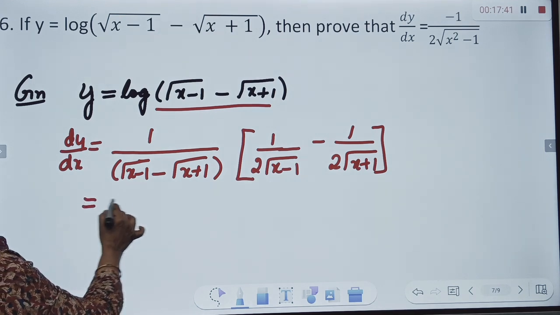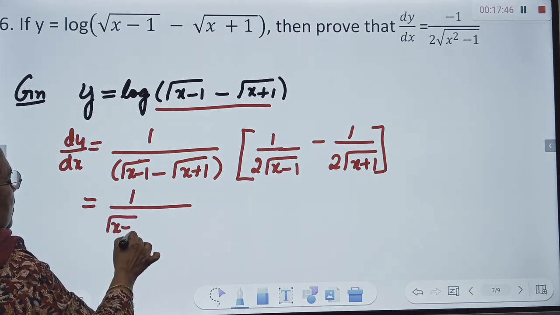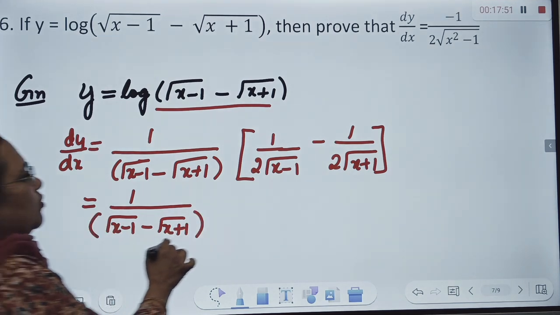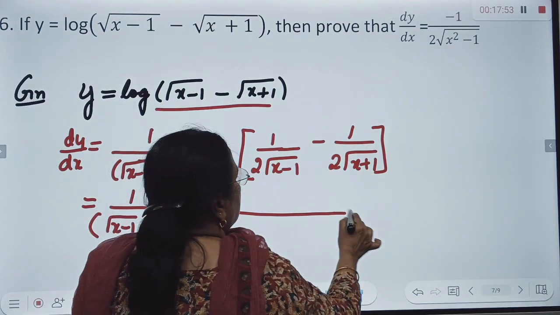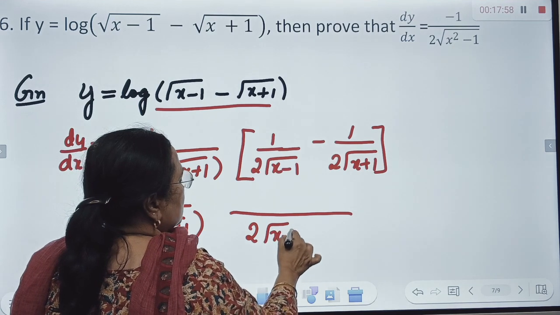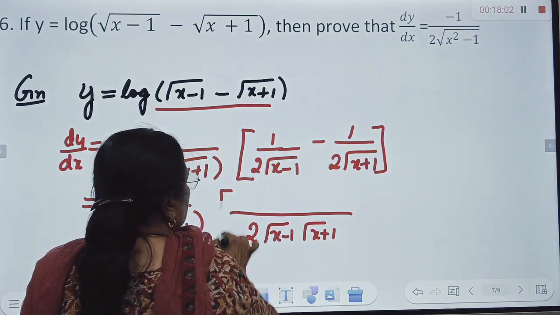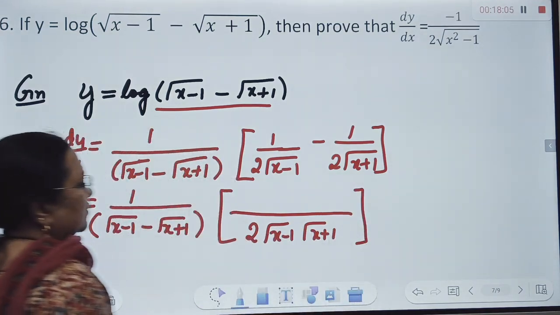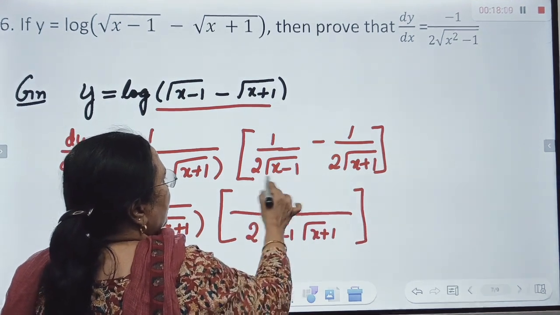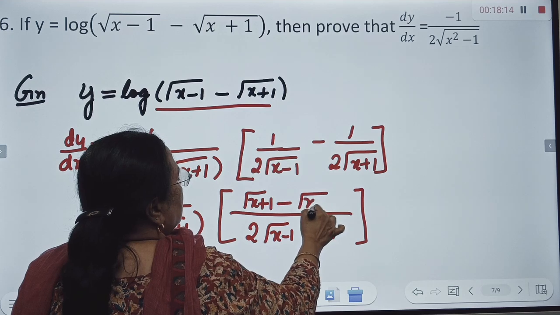This is 1 by root of x minus 1 minus root of x plus 1 into, when I take the LCM, what will I get? 2 root of x minus 1 into root of x plus 1. Okay. So when I take LCM, what will I get? 2 root of x minus 1 is there, so root of x plus 1 minus root of x minus 1.